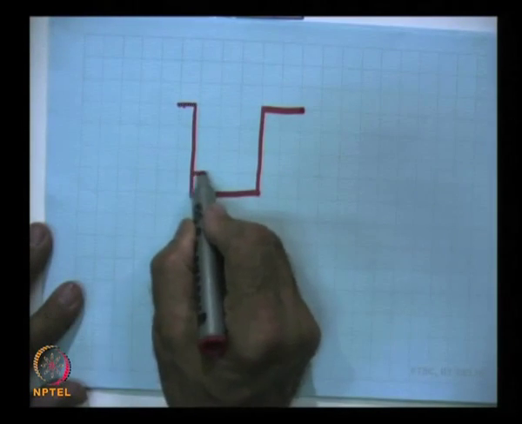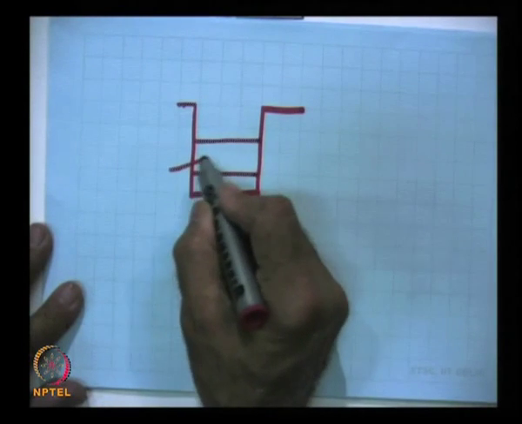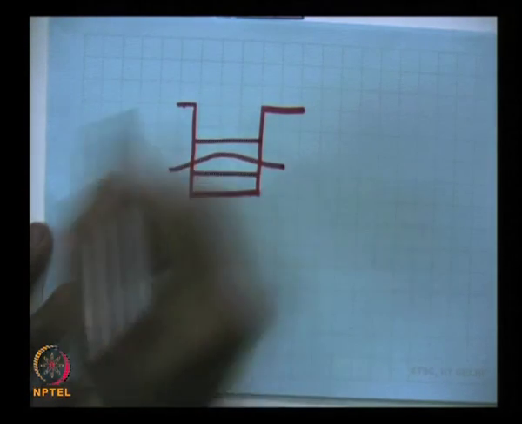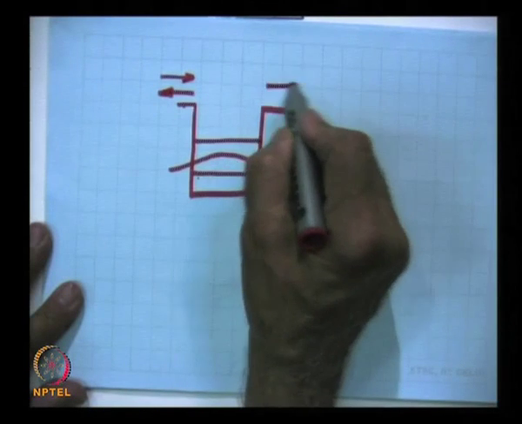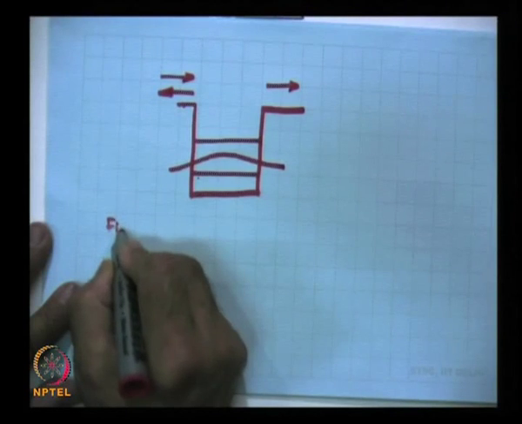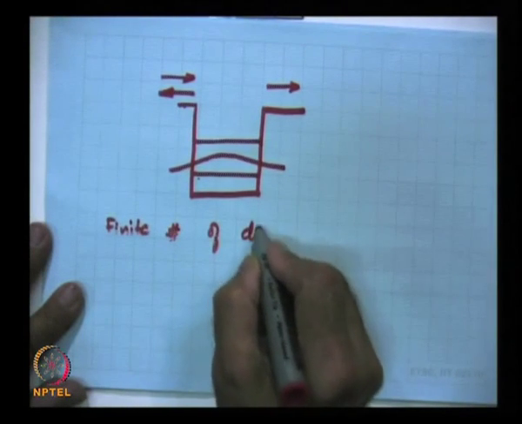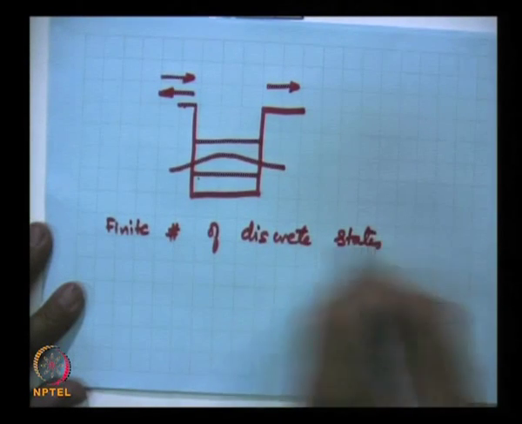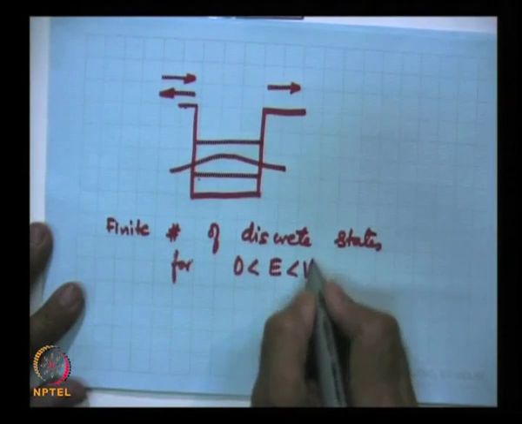One, discrete bound states in which the wave function is exponentially decaying at large distances, a finite number of discrete states for E lying between 0 and V 0.